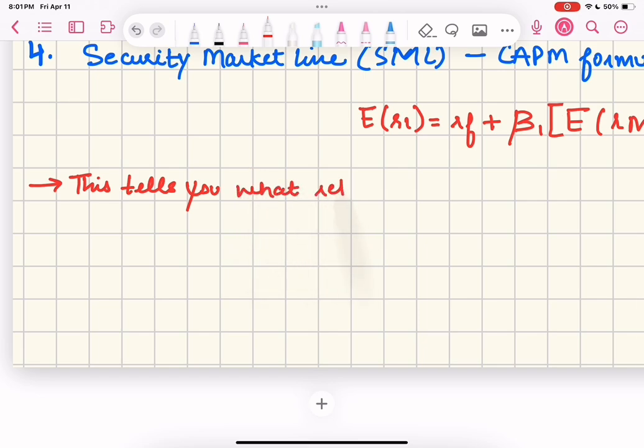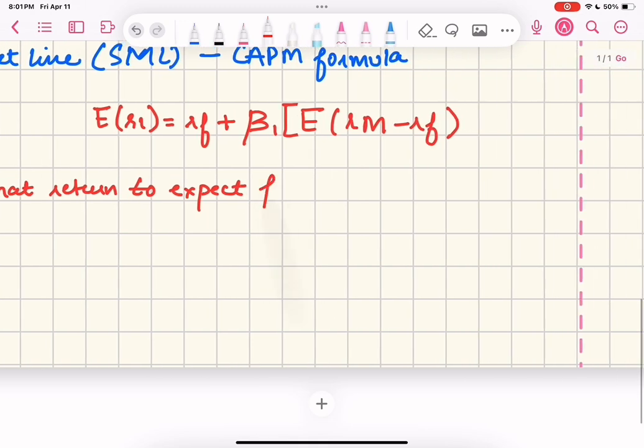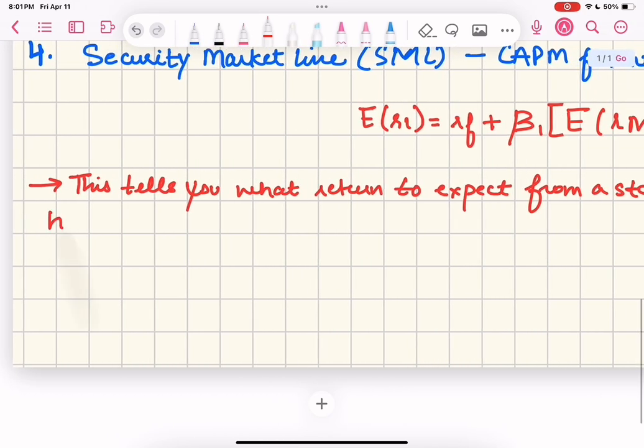It's risk compared to the market. The more volatile a stock is relative to the market, the more return you should expect from it. So this is simple, fair, and smart.